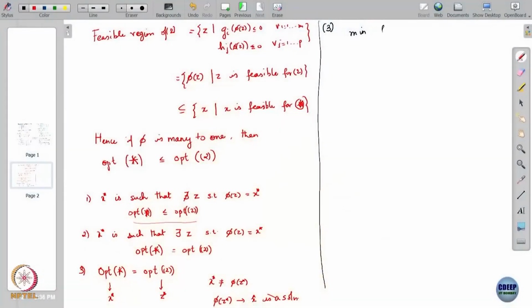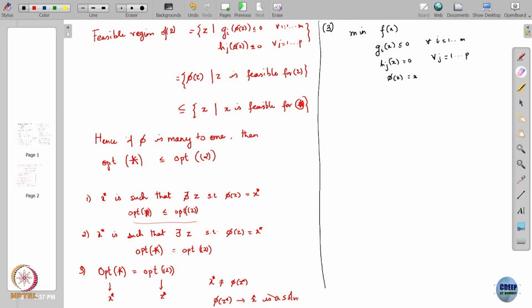So suppose I look at this problem. This has all the constraints that star has, and in addition to that, it requires that x must be equal to phi of z.